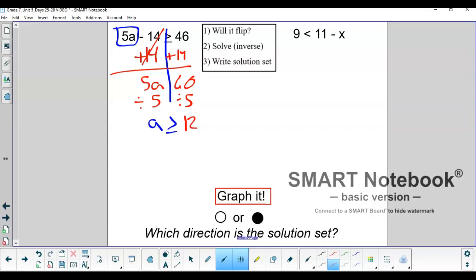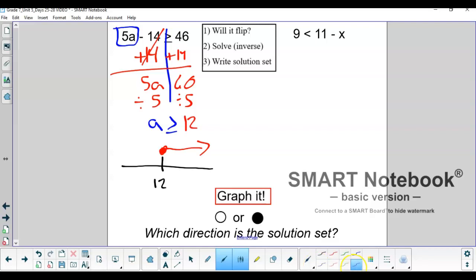So again, it doesn't matter if you did the solution set or the graph first. I'm going to do my graph first on this one. So I know that my graph's going to start at 12. I know that it's going to be a filled in circle. And since I know that it is a is greater than or equal to 12, I know that the alligator's eating a. That means a has to be bigger, meaning these numbers need to go to the right.